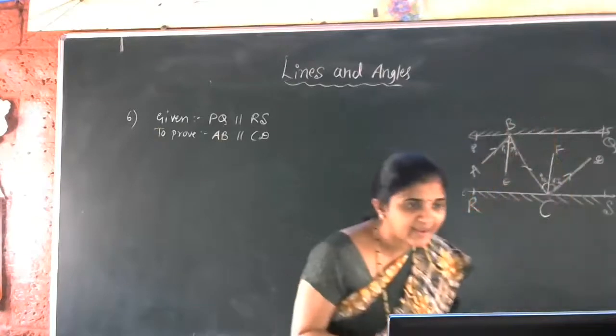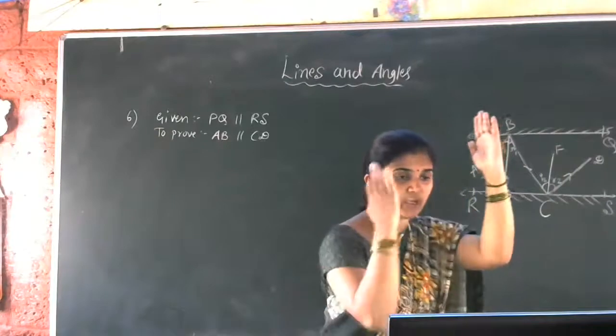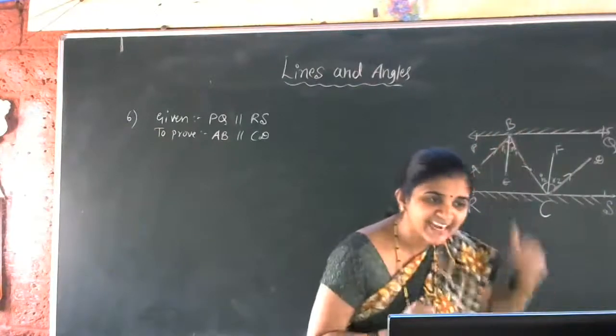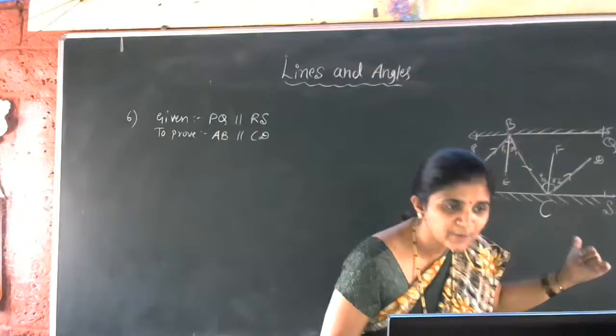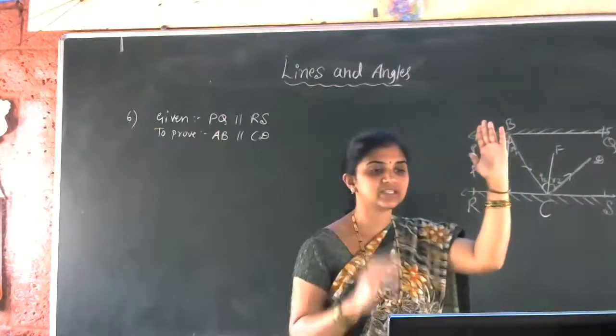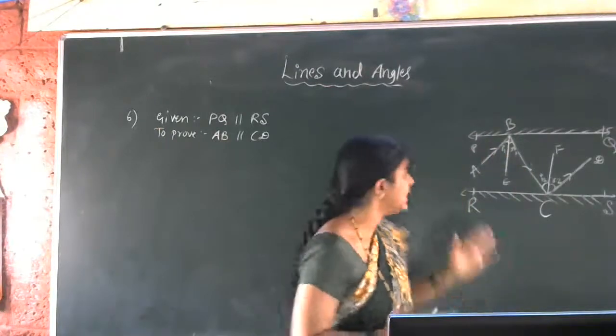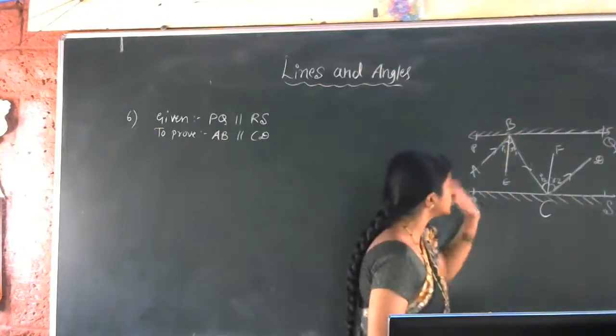Are they parallel? For the parallel lines, we took perpendicular lines. Perpendicular in the sense that the heights are same, students. So this distance and this distance form a parallel line condition. So PQ is parallel to RS.